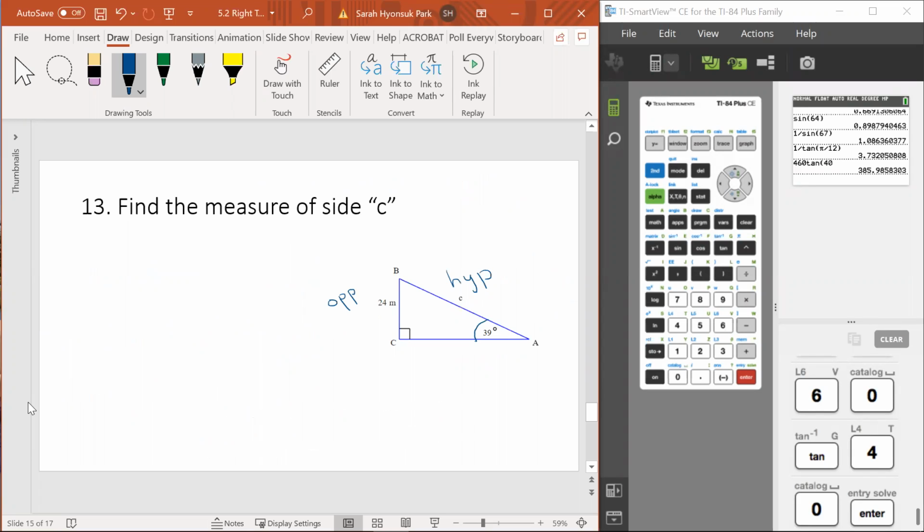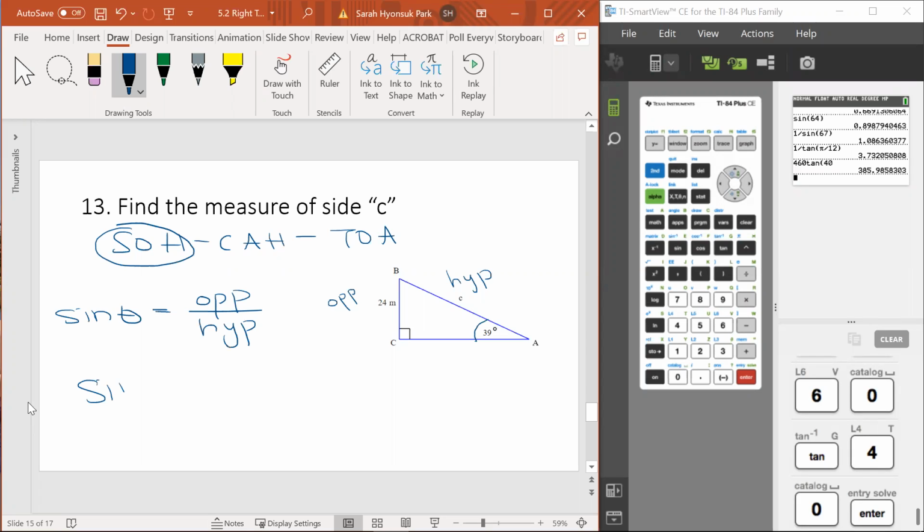So writing SOHCAHTOA again, the trig function that deals with an opposite and then the hypotenuse is the sine. So if we write that again, sine theta is equivalent to opposite over hypotenuse. So we have sine of 39 degrees. Opposite is 24. Hypotenuse is C. We're trying to solve for C.